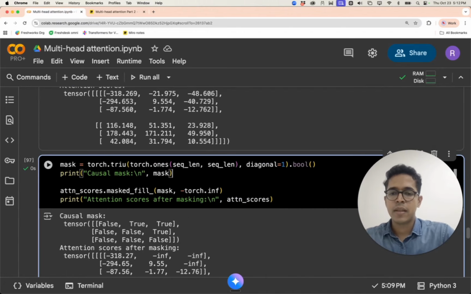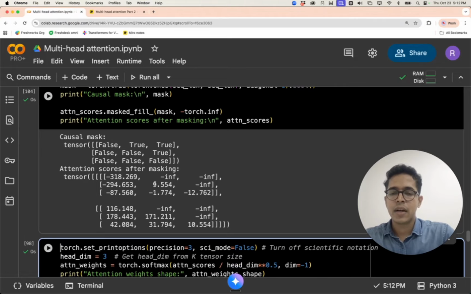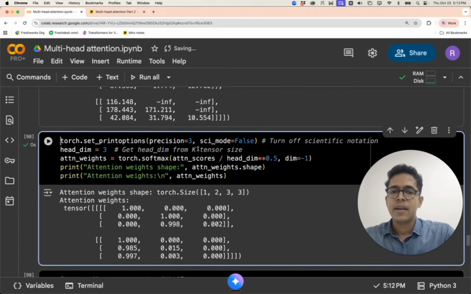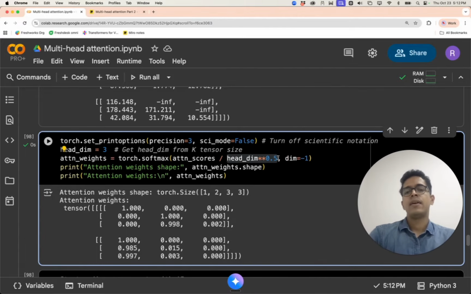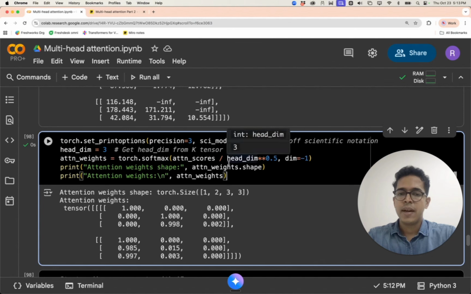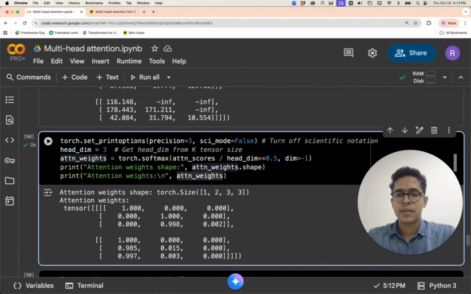First apply the mask, then you get upper triangle to be minus infinity. Then the scaling is such that 1 by square root of dimensionality of each head. Dimensionality of each head is 3, so 1 by square root of 3. With that you divide and then you take softmax. So softmax is taken after dividing by square root of d to get attention weights.